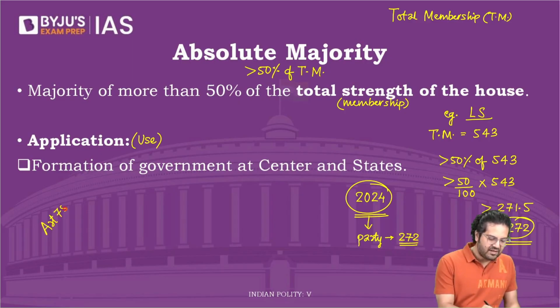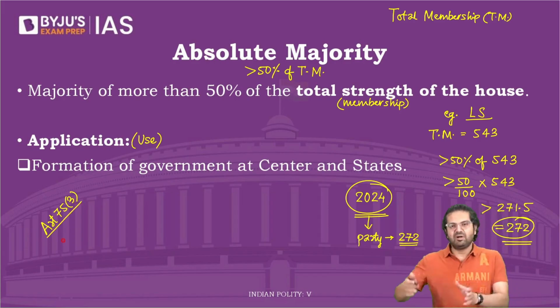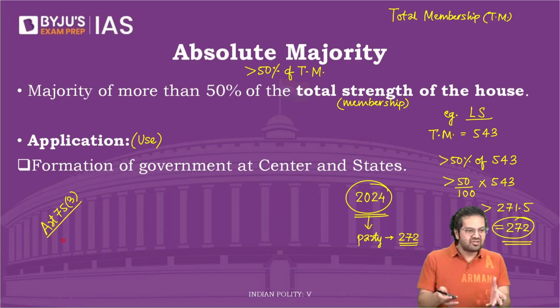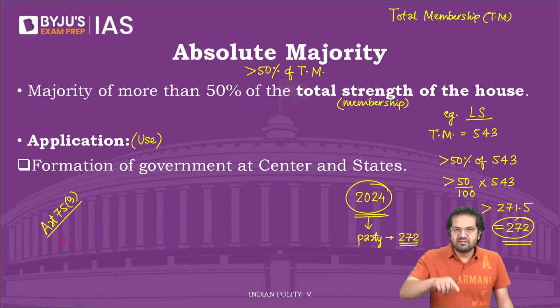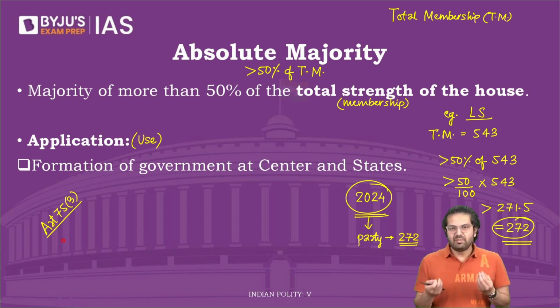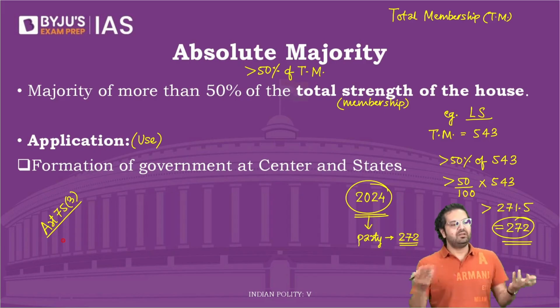Article 75, Clause 3. The Council of Ministers are collectively responsible to the House of People. I mentioned there that this is the reason why the government is formed in Lok Sabha only, not in the Rajya Sabha. Don't give lame reasons. It feels very bad to read such reasons. Strength is there, etc. And somebody is asking me only, why not Rajya Sabha?